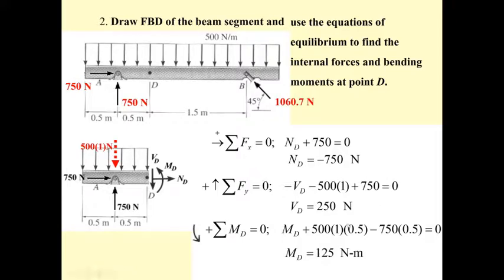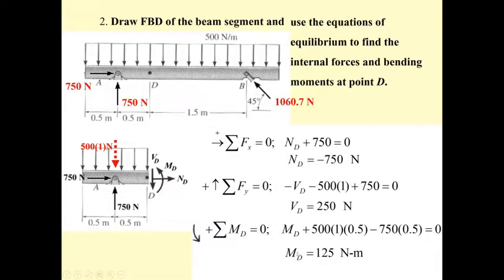If you recall, tau here will be equal to V sub D times Q, where Q is the moment of the area about the neutral axis, divided by I, the moment of inertia, and divided by t.